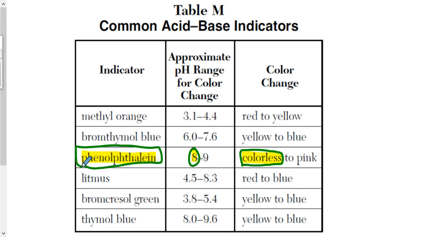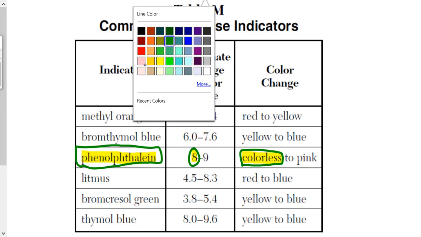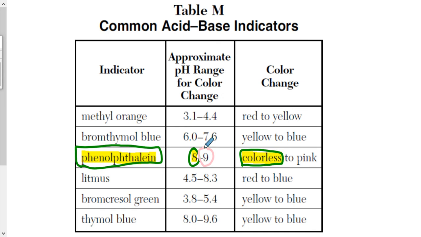Usually acidic solutions have pH below 7, but phenolphthalein is going to be colorless if the solution has a pH 8 or lower. But phenolphthalein is going to have a pink color if the solution has a pH of 9 or above, right?